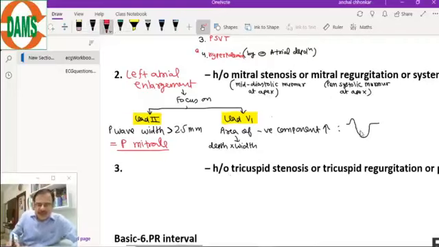This is the depth of the P wave, and I will take the depth in millimeters. Then I will multiply it by width. This is the width. Depth multiplied by width, and I will take the width in seconds.